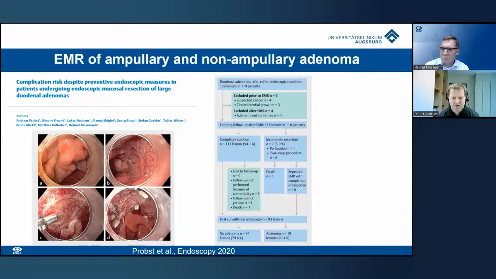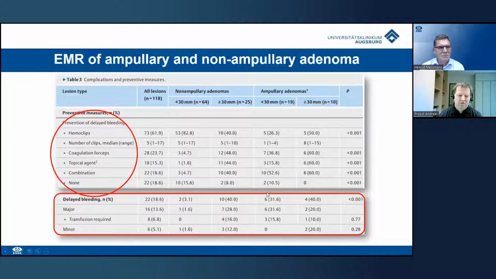Can you go to the next slide, please? What you already have seen in the videos, we always perform preventive measures to avoid delayed bleeding, and you could see clipping, you could see coagulation forceps.